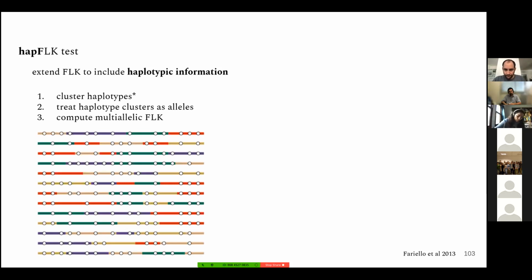Then treat these clusters as alleles and compute a modified multi-allelic FLK statistic. The actual computation of the hapFLK statistic has a few more caveats, so if you're interested, I recommend the paper.